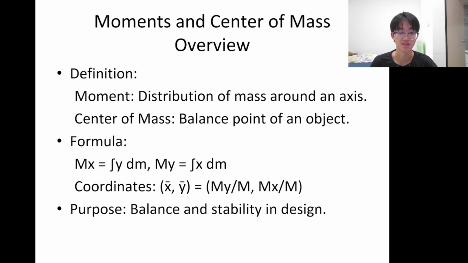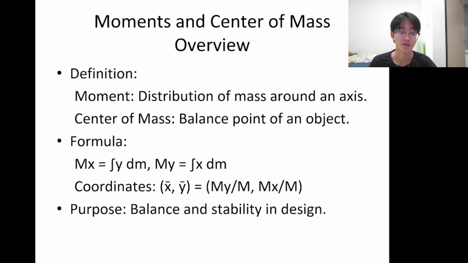Finally, let's discuss the moments and the center of mass. Fundamental concepts in physics and engineering that describe the distribution of mass within objects. The moment is a measure of the distribution of mass relative to an axis. It helps in understanding how mass affects the balance and stability of an object.